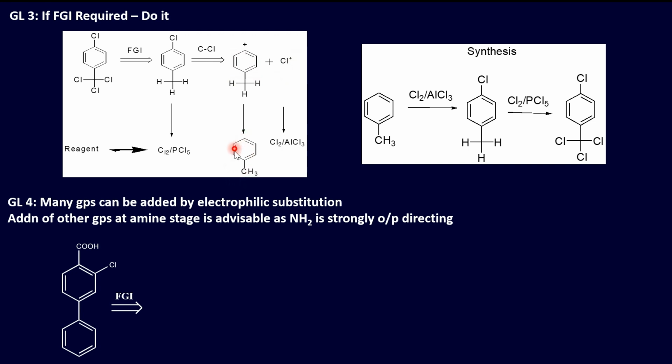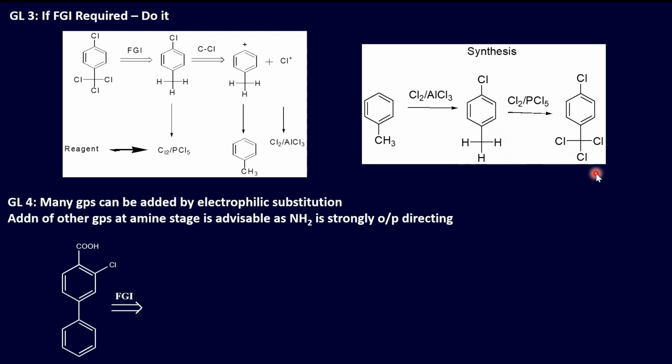I'll take toluene for this toluene synthon and I carry out halogenation by treating with chlorine in the presence of a Lewis acid. I'll get the corresponding parachlorotoluene. Then I treat with chlorine and PCl5. The hydrogens in the methyl group get replaced by chloro.